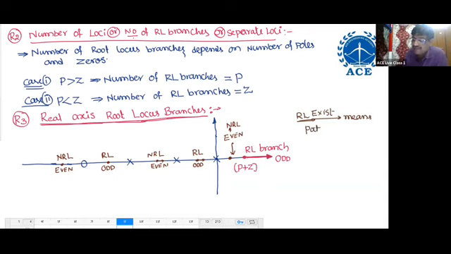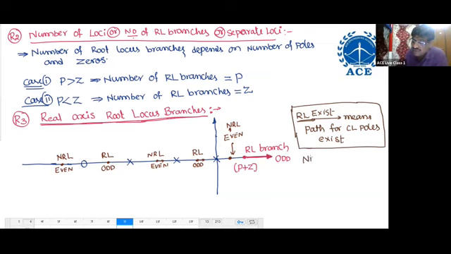Path for closed loop poles exists. Root locus exists means path exists for closed loop poles.